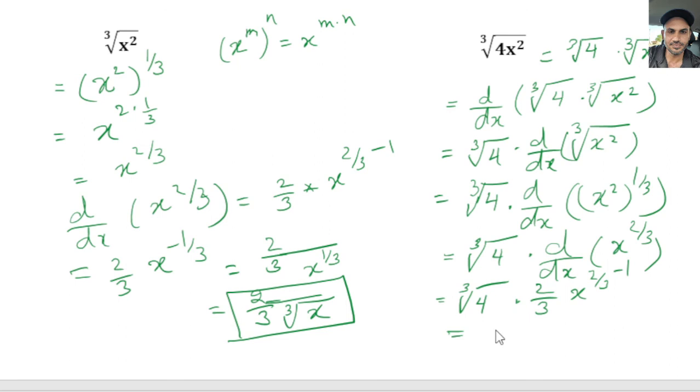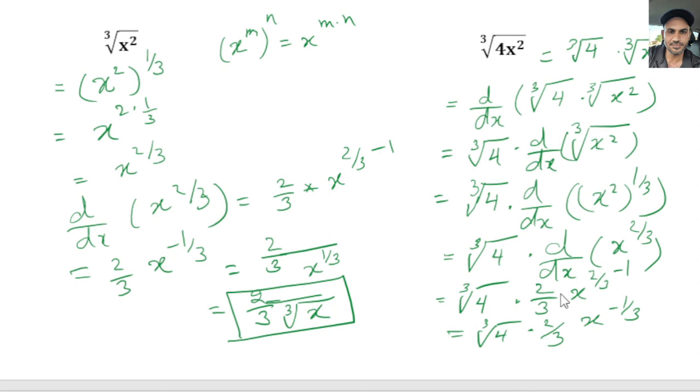So we have cube root of 4 times 2/3 x to the negative 1/3. When we simplify this 2/3 minus 1, this is what we get. And we can leave it like that, or you can simplify it further.